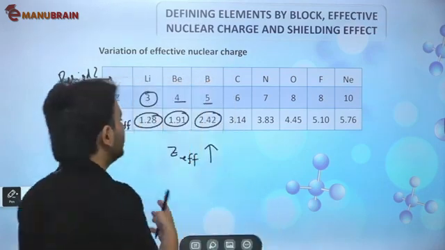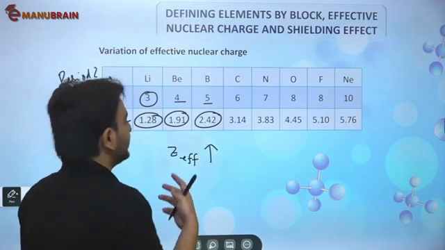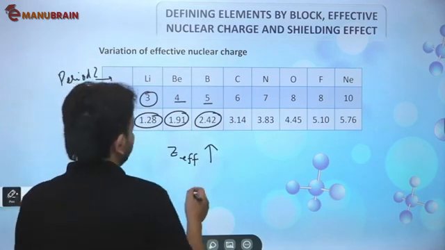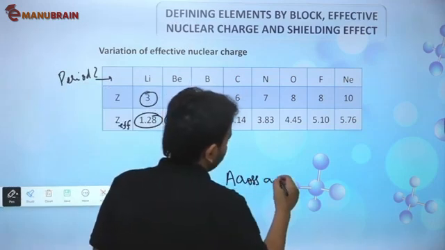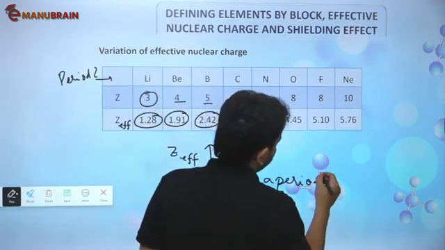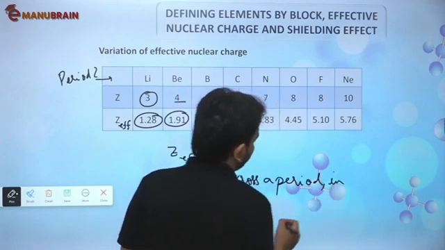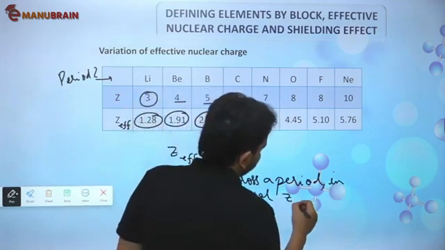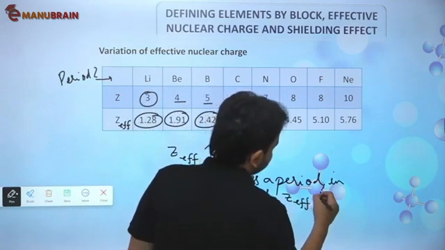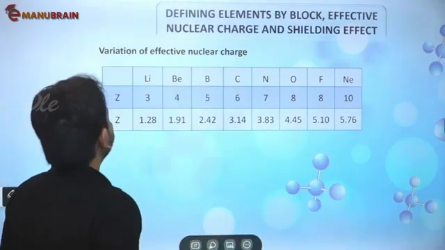So I hope you understood the logic over here, and you can identify the reason. So across a period, in general, there will be exceptions, as I've told you. In general, Z effective increases.